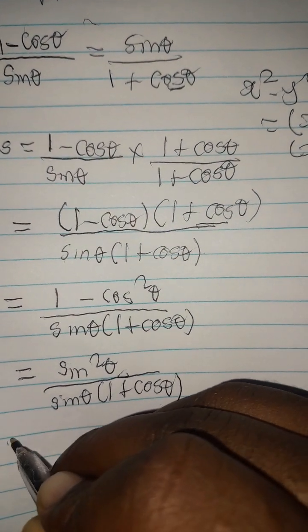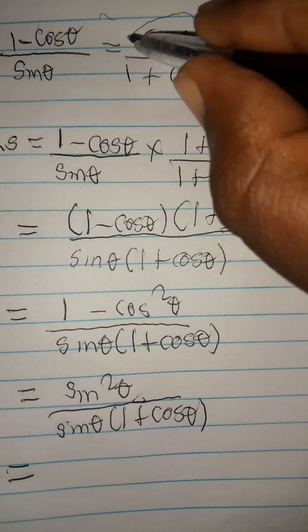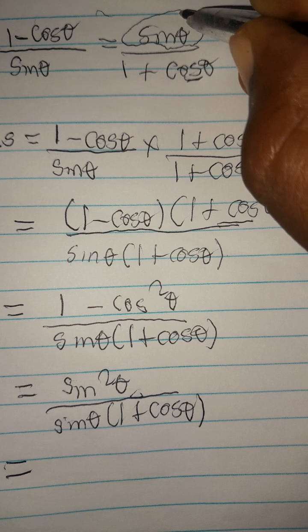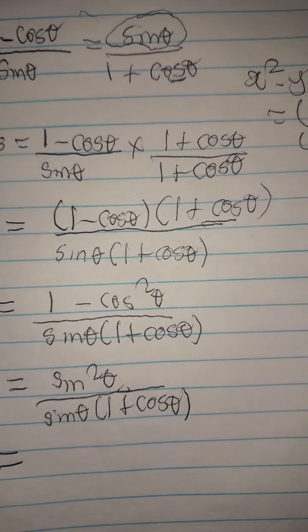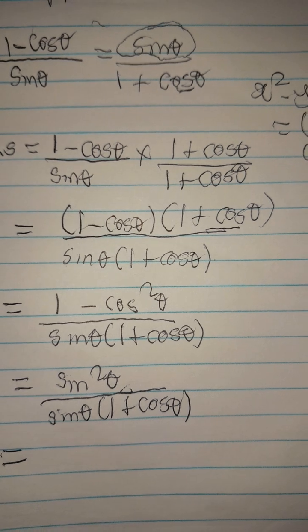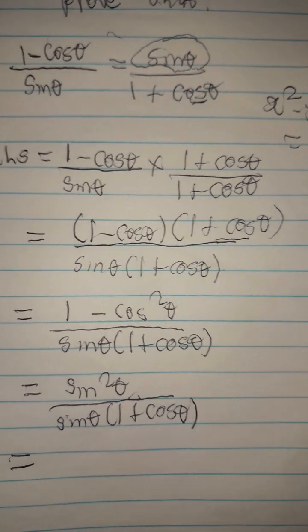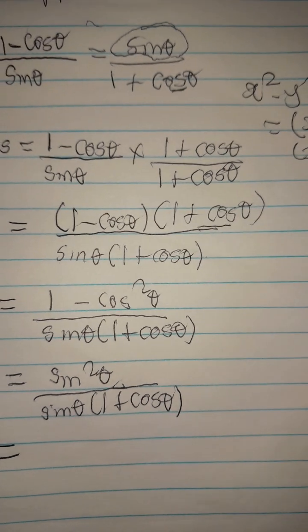Are we getting there? Yes, we are getting there because we have sine theta there. We have sine theta there. But it must be a single sine theta only, not sine squared theta.